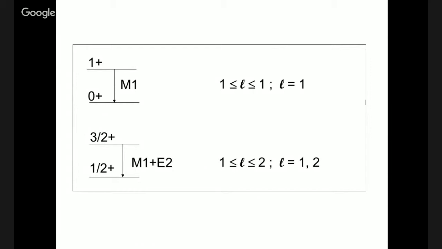Yes. When we try to do that in experiments, we have to measure angular variations, whether that's a correlation or a distribution. And you'll find that often the electromagnetic transition has both characters involved in different amounts, which we represent with this mixing ratio delta.